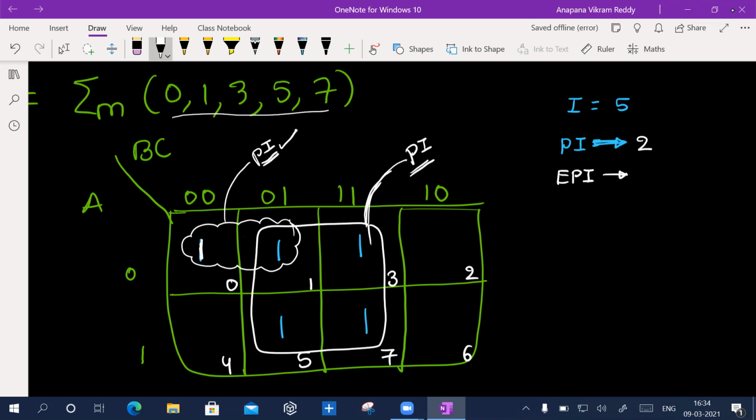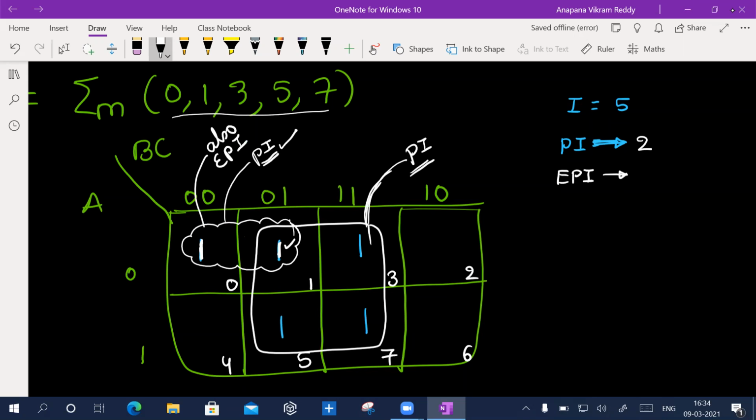There is at least one. If at least one, if it is not covered by any other PI, then that must be an EPI. So there is this one. Of course, this one is already covered, but this one is uncovered, right? So therefore, one EPI I got. This is also an EPI.